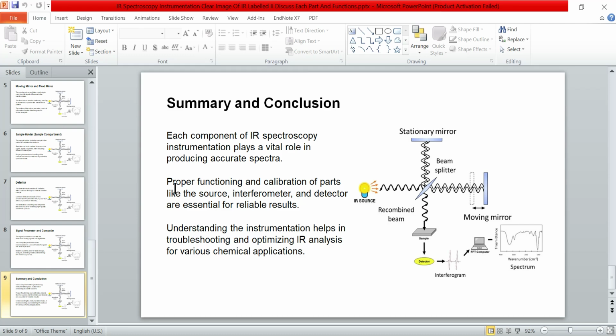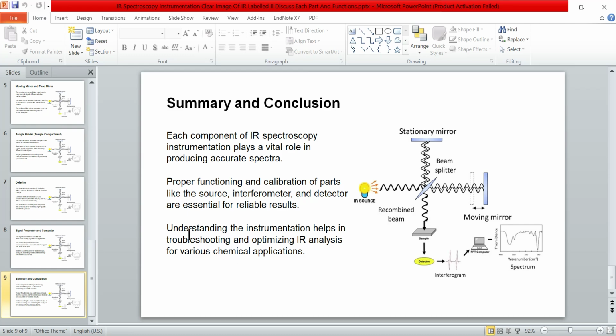Proper functioning and calibration of parts like the source, interferometer, and detector are essential for reliable results. Also, proper functioning and proper calibration of each part is very important to get an accurate, reliable result.